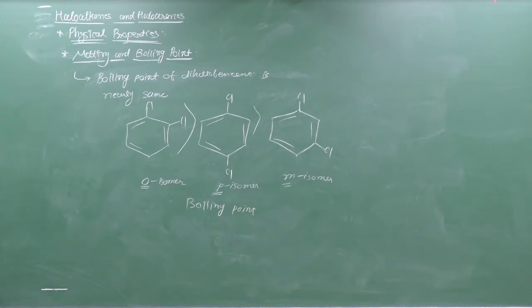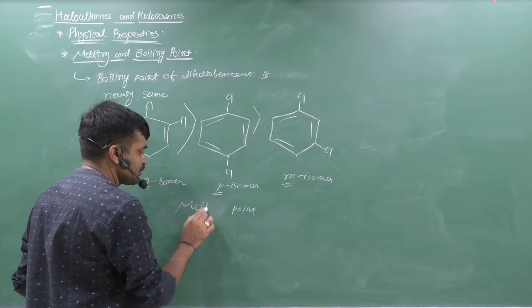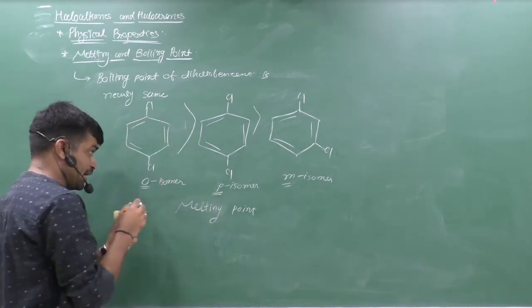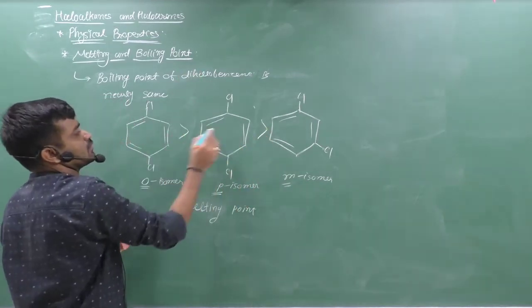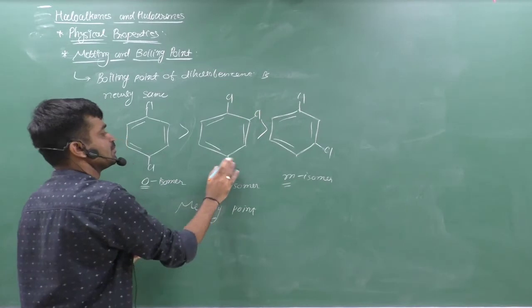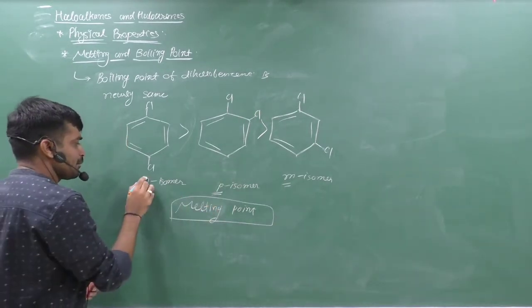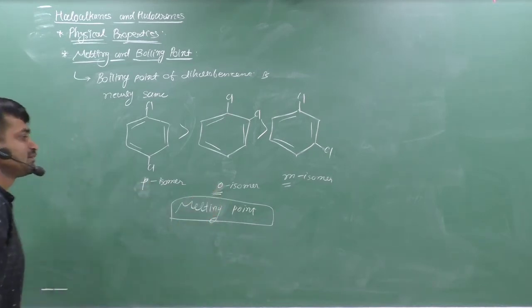Now if we compare the melting points of these compounds, the trend is para, then ortho, and then meta.